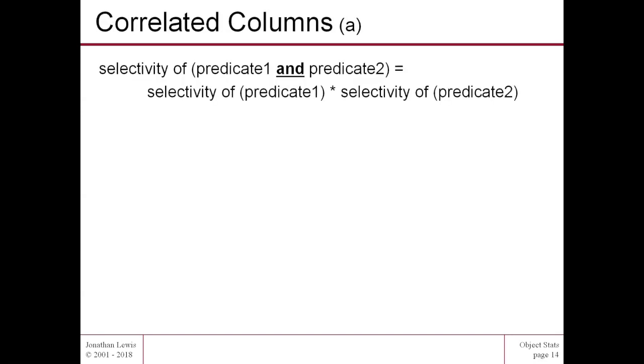Okay, next problem. I think everyone knows about this one. It's the correlated columns. If we have two predicates on a table, select where predicate 1 and predicate 2, Oracle simply says, well, I've got two separate predicates, selectivities for the pair of them, multiply that together. And a very common consequence of that particular algorithm is that Oracle massively underestimates the number of rows that will be selected.